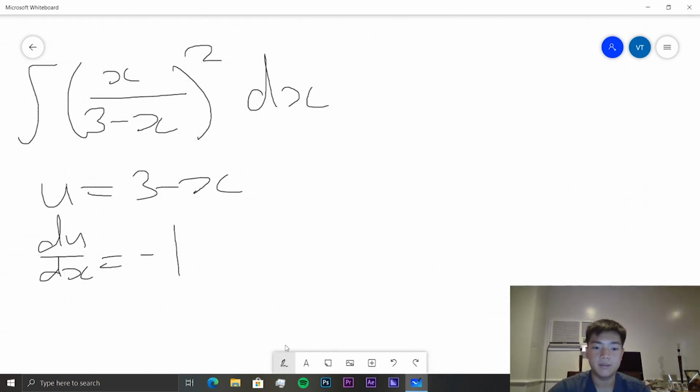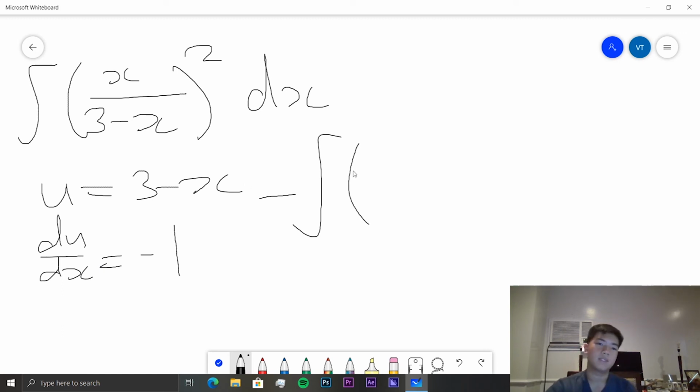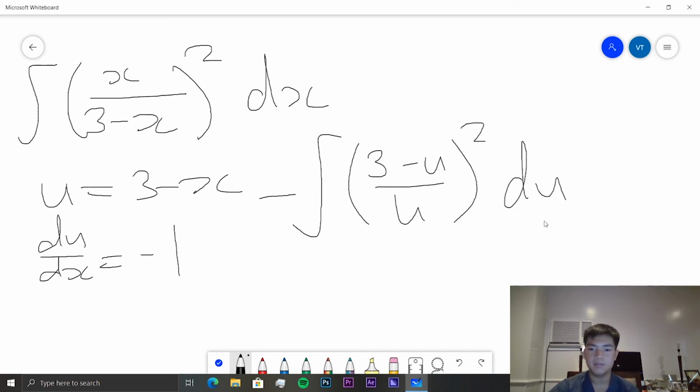So we have the negative integral of... This doesn't really help though. Okay, 3 minus u over u. Integral of 3 minus u over u squared du.